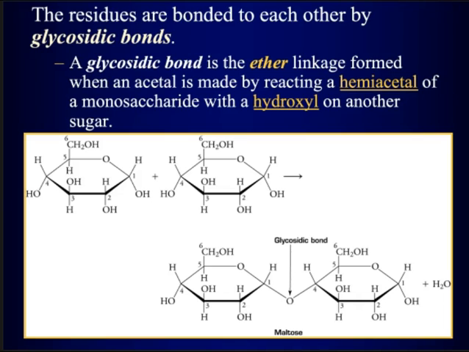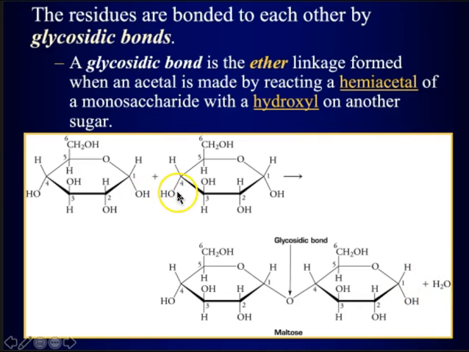Now to connect these residues together, we call them glycosidic bonds. A glycosidic bond is just an ether linkage that is made when an acetal is formed by reacting a hemiacetal on a monosaccharide with a hydroxyl group on another sugar. So in other words, I've got this hemiacetal group here, I've got the alcohol here, and I'm going to create water, because notice water is the byproduct.